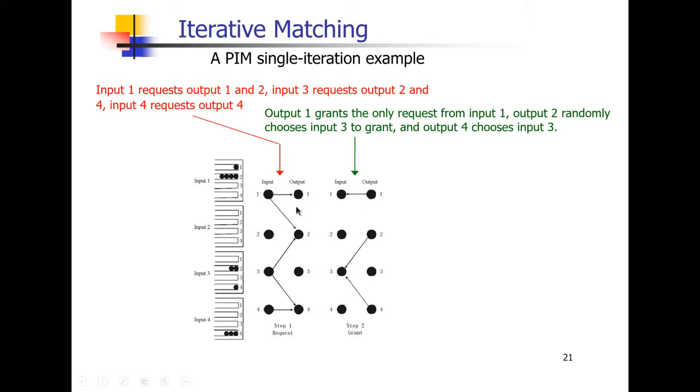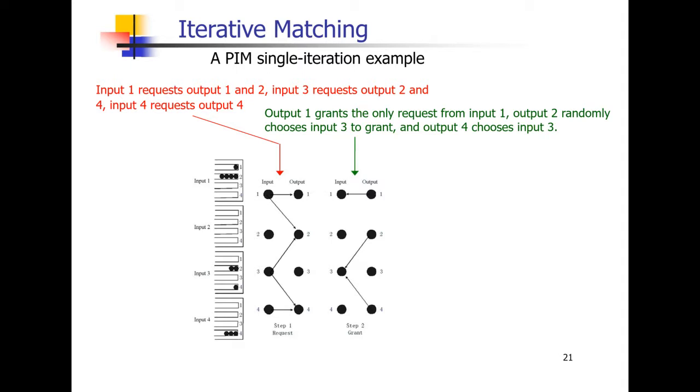So for instance, output 1 received one request from input 1, so it will send a grant to input 1. Output 2 received 2 requests, one from input 1 and one from input 3. In the grant phase, output 2 has the possibility of sending only one grant, and so we have to decide how to select the input node that will receive the grant.